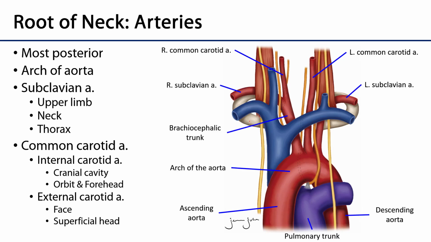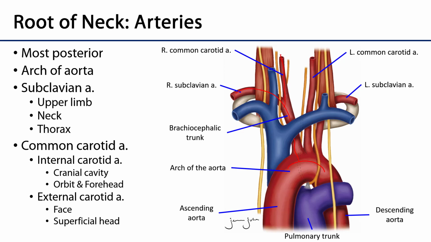And then finally, the deeper elements of the root of the neck, so the ones that are the most posterior, are the arteries. These are all branches, ultimately, of the arch of the aorta, remembering that there is a brachiocephalic trunk that divides into a right common carotid artery and a right subclavian artery.